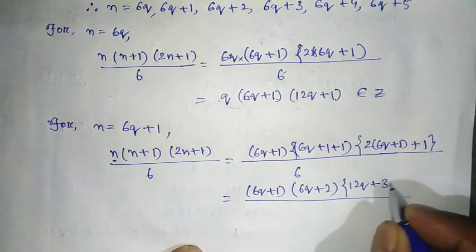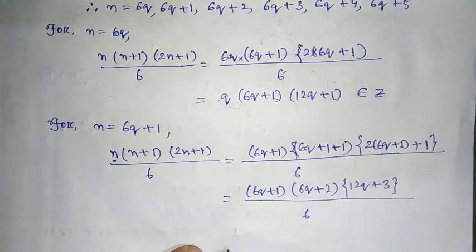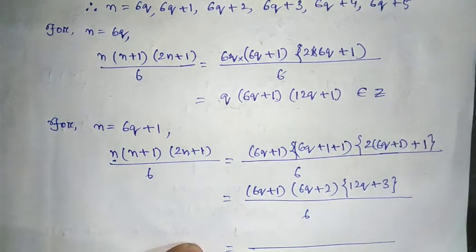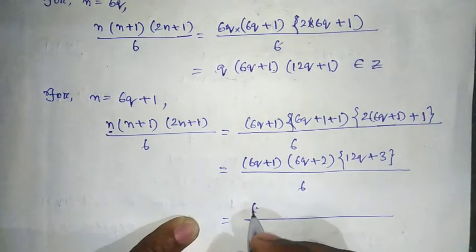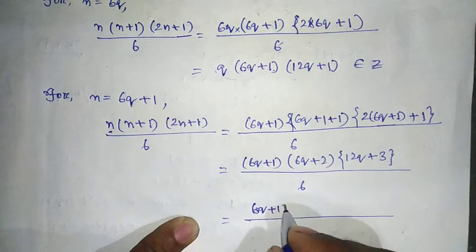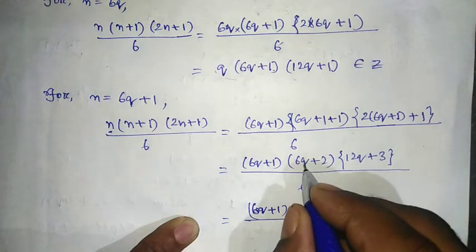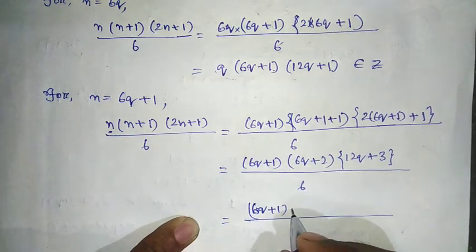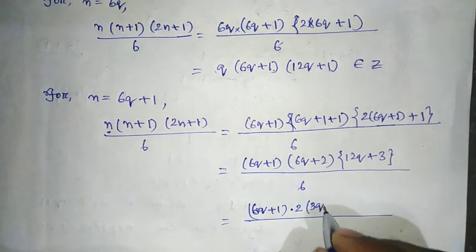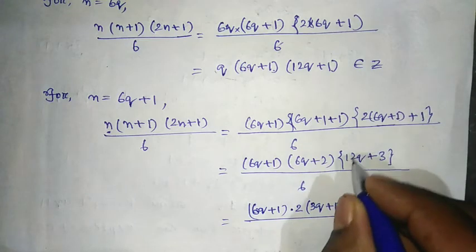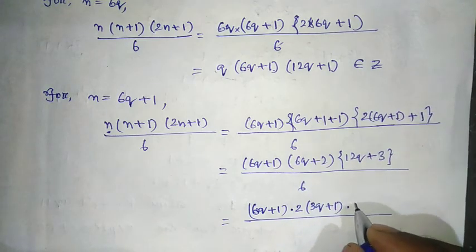I am writing directly. Now see, from these expressions, 6q plus 1 remains the same. From this polynomial 2 is common, so take 2 outside. Here remains 3q plus 1, and from this expression we can take 3 common.